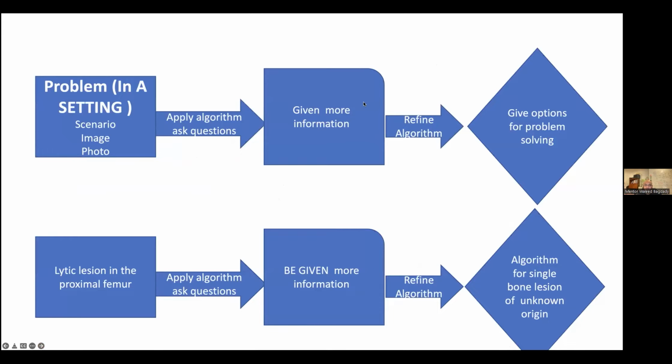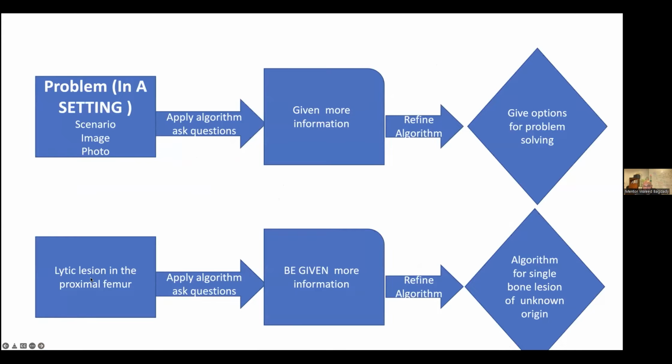First of all, you have a problem in a setting, and this problem can be a scenario, an image, or a photo. You apply an algorithm by asking questions or clarifying some facts. You will be given more information. Then you will refine your algorithm, and essentially then you give options for problem solving. For example, this is a straightforward example.